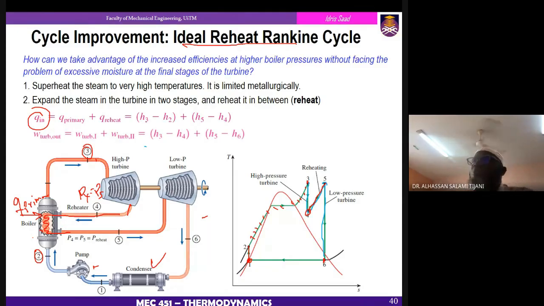And this equals H3 minus H2, which is the difference in the enthalpy between these two states, plus H5 minus H4. Then the total work output is the combined effect of both turbine number 1 and turbine number 2.